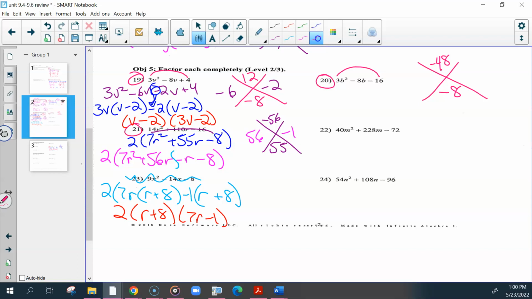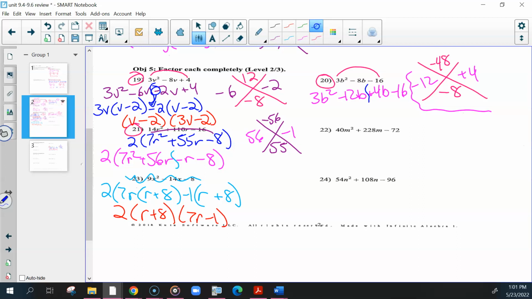So then we can start our process. Rewrite 3b squared minus 12b plus 4b minus 16. And then split the middle and start grouping.